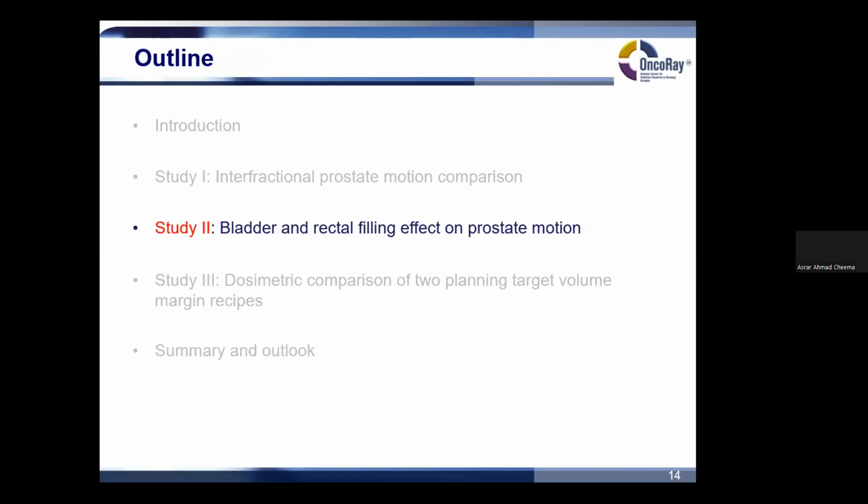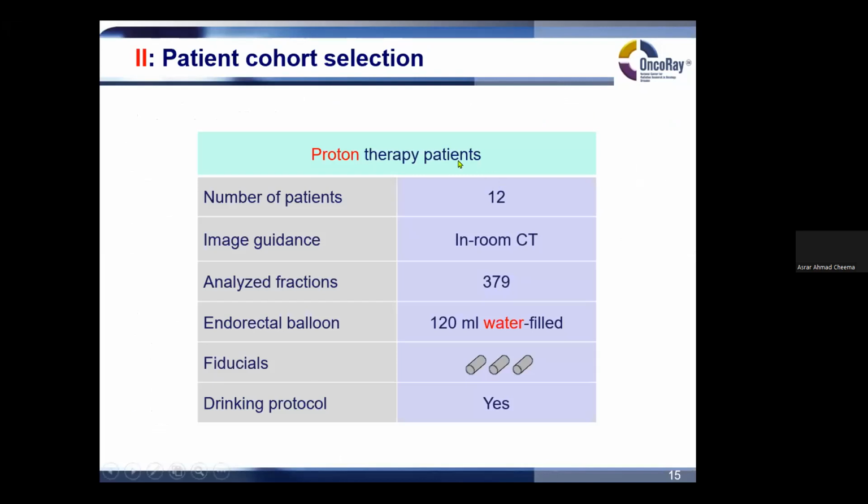In the second study, the bladder and rectal filling effect on the prostate motion was assessed. For this, the same 12 patients from the proton therapy where in-room CT image guidance was used, and 379 treatment fractions were analyzed. A 120 milliliter water-filled endorectal balloon was used for these patients, and 3 ceramic fiducials were used.